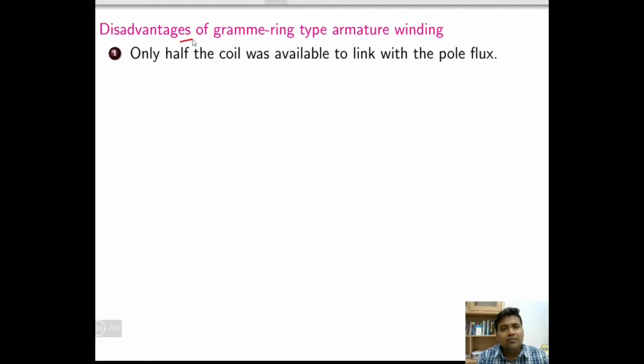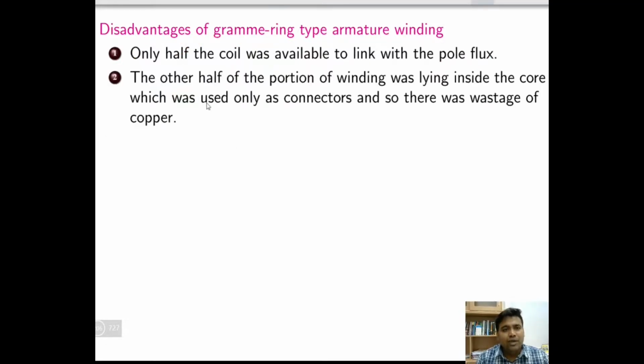So what are the disadvantages of the Gramme type armature winding? Only half the coil was available to link with the pole flux, so it will not produce enough EMF. The other half of the winding was lying inside the core, which was used only as connectors, so there was a wastage of copper.